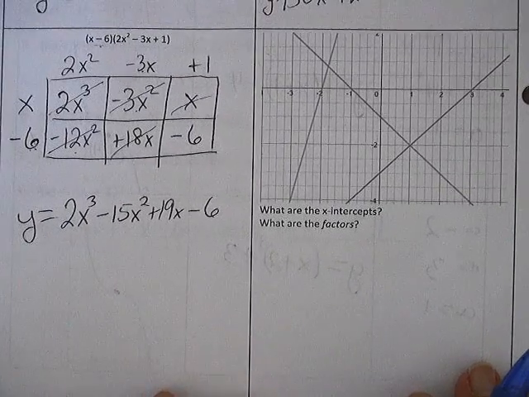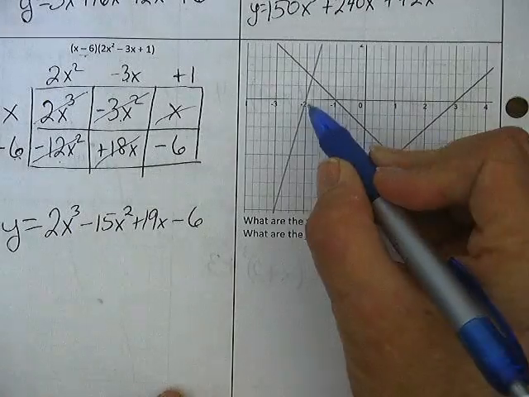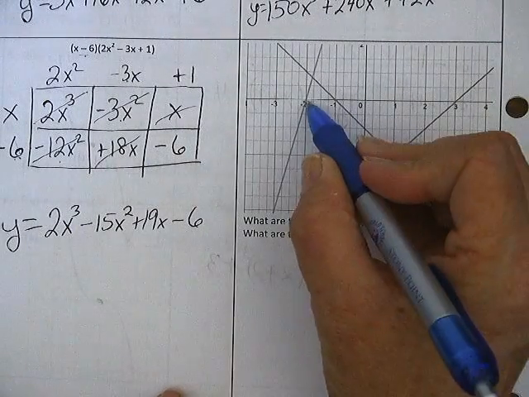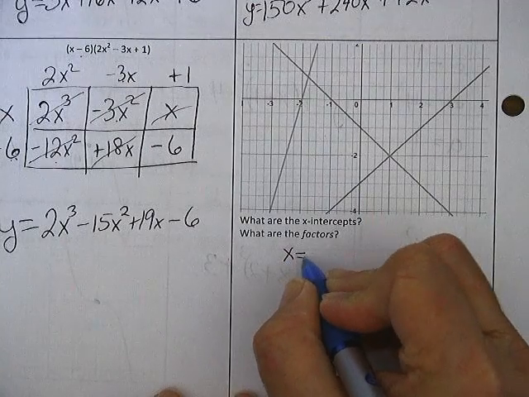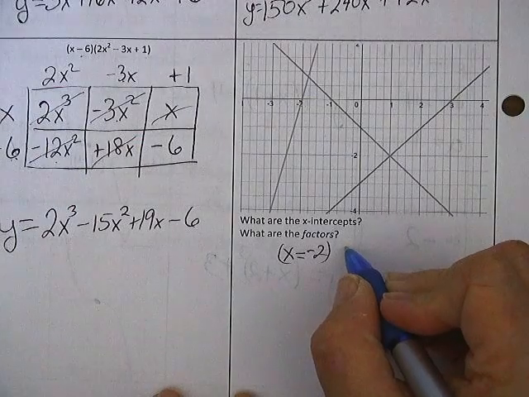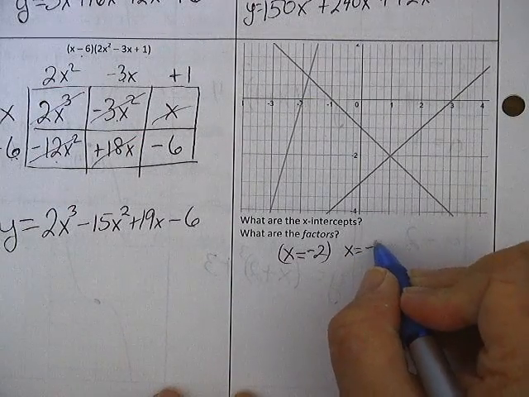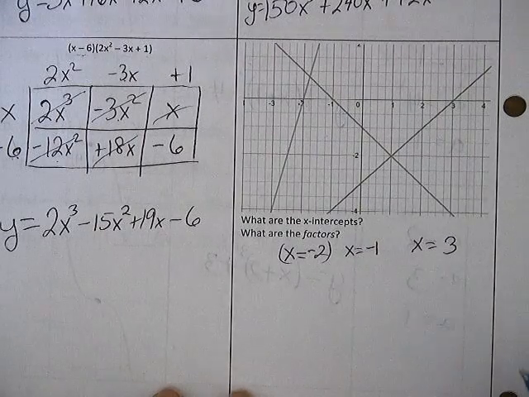And finally, we could take a look at these three lines, so they're linear, and look at what our x-intercepts are. So my first x-intercept is at x equals a negative 2. Second line gives us an x-intercept of x equal to negative 1. And our third one is at x equals a positive 3.